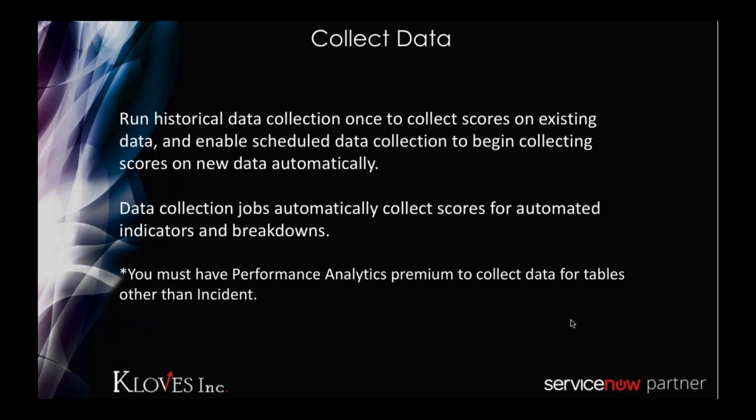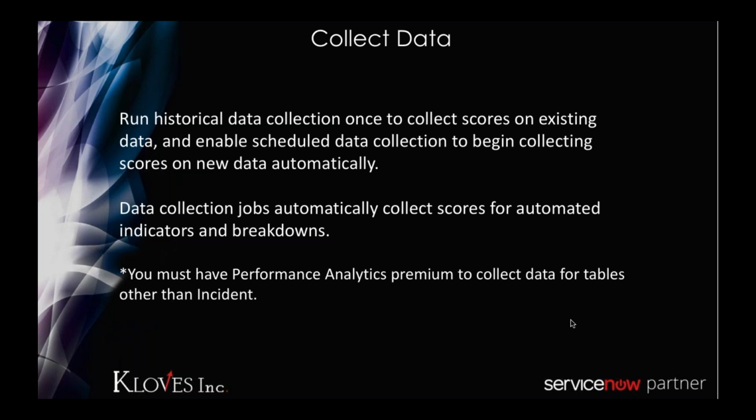Data collection jobs automatically collect scores for automated indicators and breakdowns. You must have Performance Analytics Premium to collect data for tables other than incident. As I mentioned, with the unpaid version of Performance Analytics, which allows for collecting data on incidents, you are able to run the scores only with the out-of-the-box KPIs or indicators that are available.